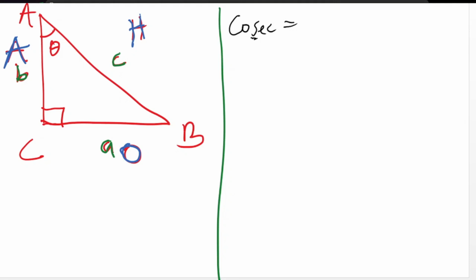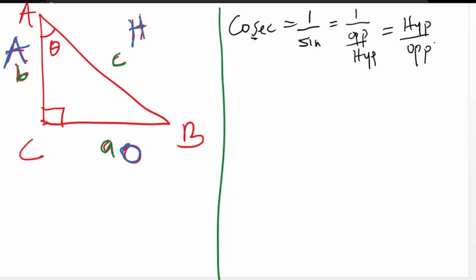And sine is opposite over hypotenuse. So that means cosec will give us hypotenuse over opposite. Here the hypotenuse is C, and the opposite is A, so that is C over A. I hope this is clear. Now, for the second one, which is secant.